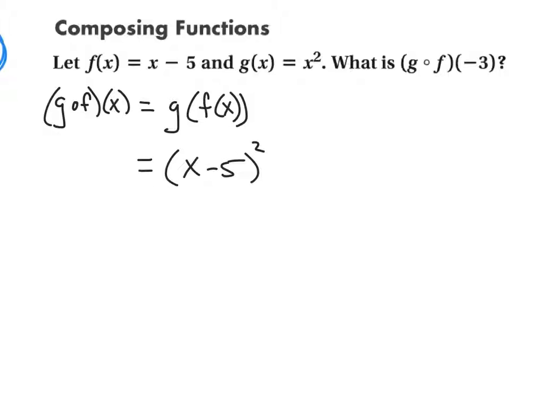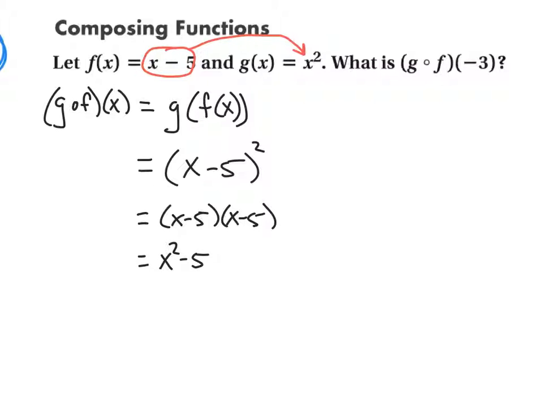I literally took the f of x function and plugged it into the g of x function. Now I want to simplify that down. So that means I have to take x minus 5 times x minus 5. So I FOIL. x squared minus 5x minus 5x plus 25.